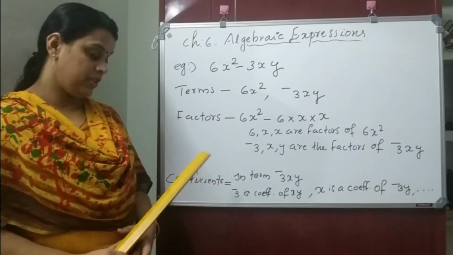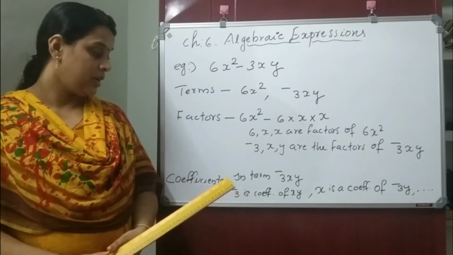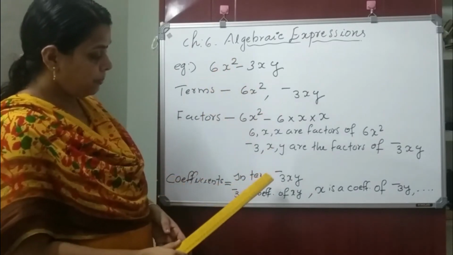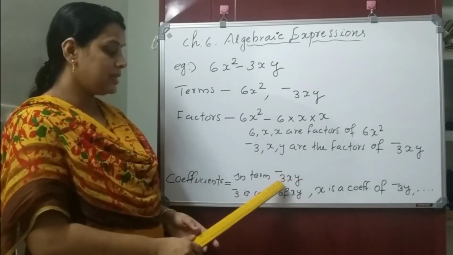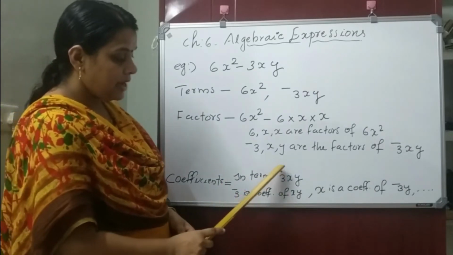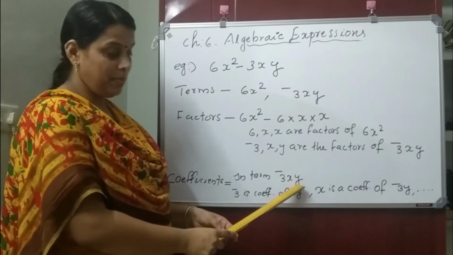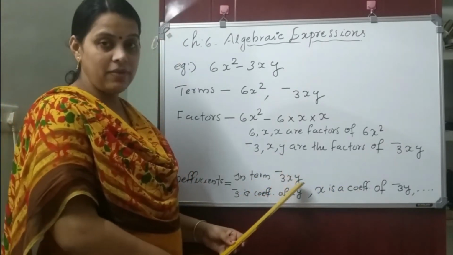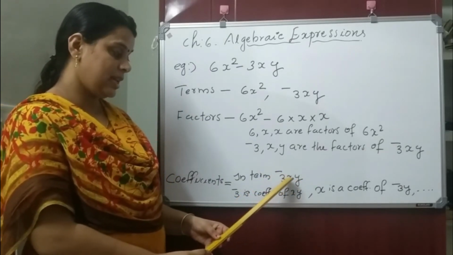Next is coefficients. It may not always be numerical. We can check the first term 6x square and the second term minus 3xy. We can consider the second term minus 3xy. We can say minus 3 is a coefficient of xy, x is a coefficient of minus 3y and y is a coefficient of minus 3x.